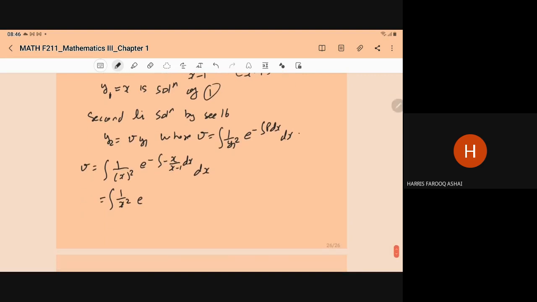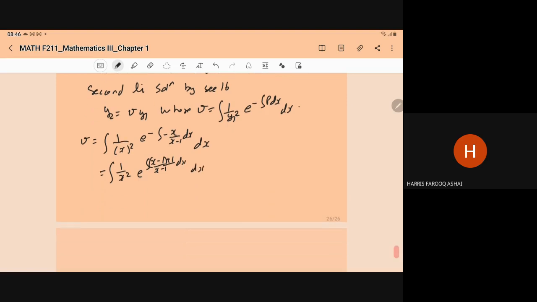So it will be the integral x minus 1 upon x minus 1 plus 1 into dx into dx.